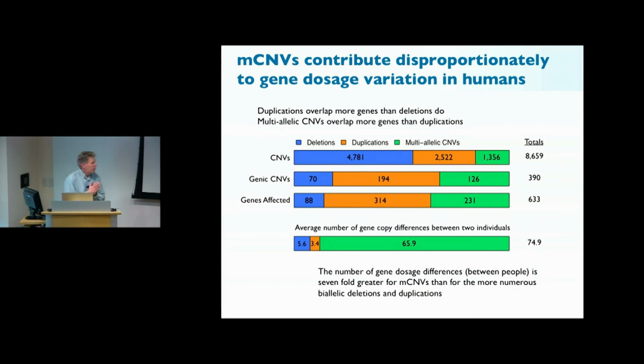And when you think about how gene dosage differs between different people, and by gene dosage here we mean how many copies of the gene each individual has, we found that on average, if you take 2 people from this room, you probably have different copy numbers of at least 75 genes between any 2 people in this room. And the vast majority of that difference is driven at these sites of multi-allelic copy number variation. It's not driven by simple deletions and duplications.